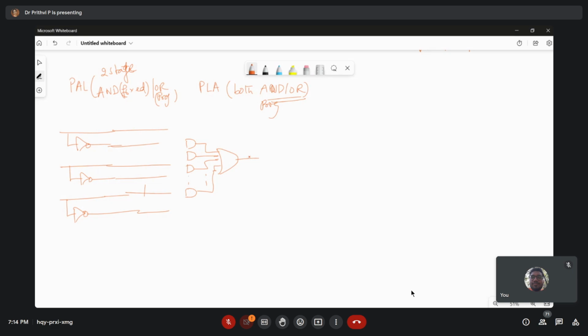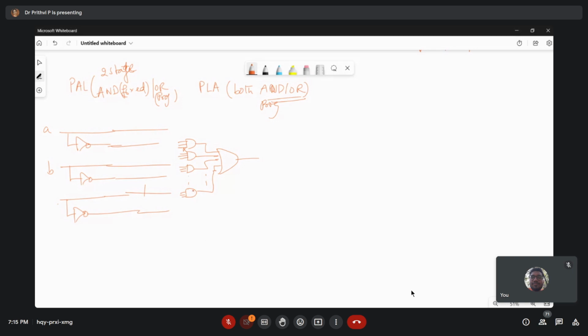Now how do you perform your Boolean equation? Whatever the terms you are using will be kept intact. The others will be blown out. Say I'm taking A dash B sort of thing. A dash B means C should be blown out. So the C fuse will be blown out and the A B combination only will be kept.